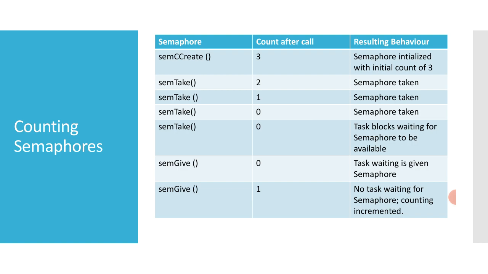Then we had a glimpse of recursive resource access, and then we entered into the counting semaphores, and we saw in this particular table counting semaphores with semaphore count after call and resulting behavior. Then we discussed special semaphore options called timeouts and queues.